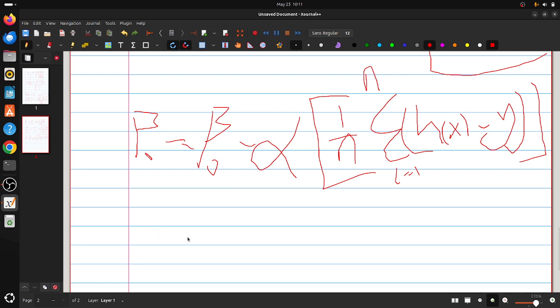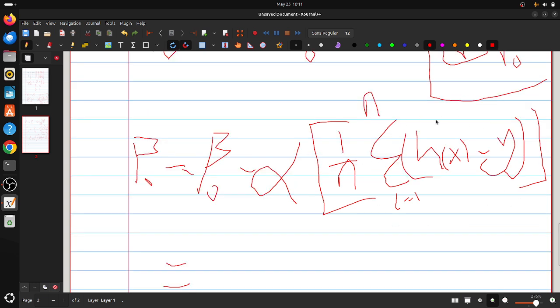So the current value of beta naught will be equal to, and we discussed the partial derivative of the cost function, that it shows us the direction the beta value should take in order to reduce the cost function.